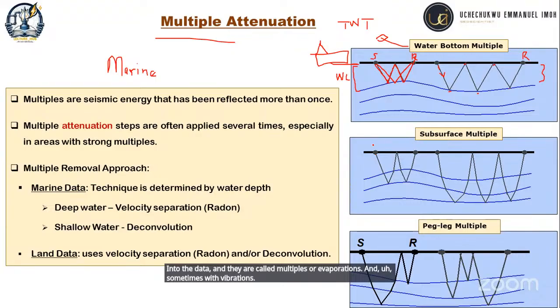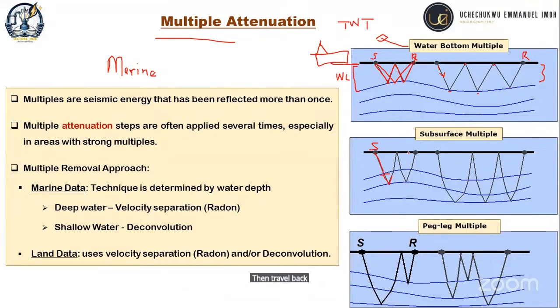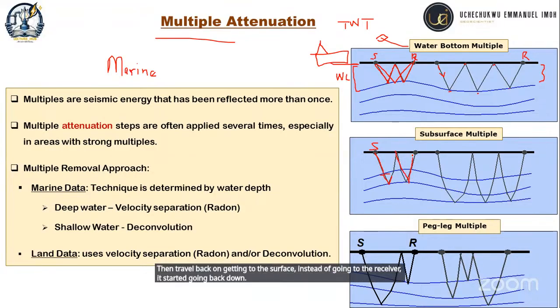Then you also have the one we call subsurface multiples. They are similar to the water bottom multiple. The difference is that these ones, the seismic wave travels beyond the ocean floor into the subsurface rocks, then travels back. On getting to the surface, instead of going to the receiver, it goes back down and then back up to the receiver.